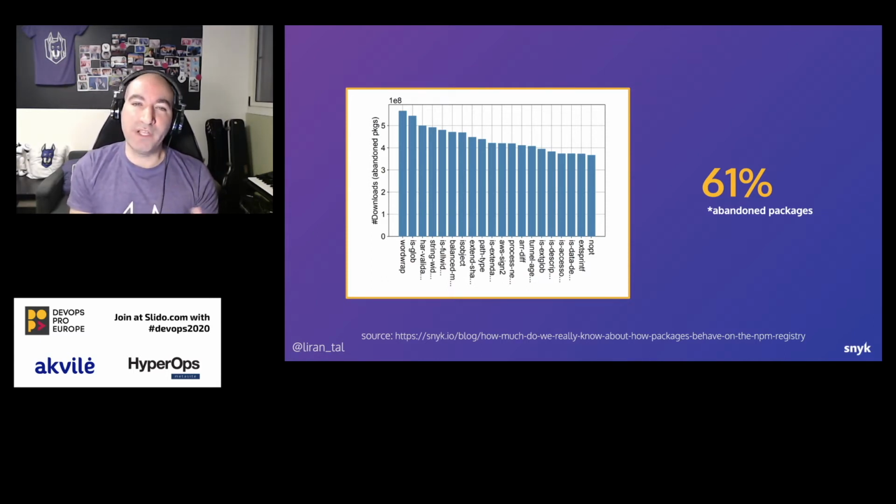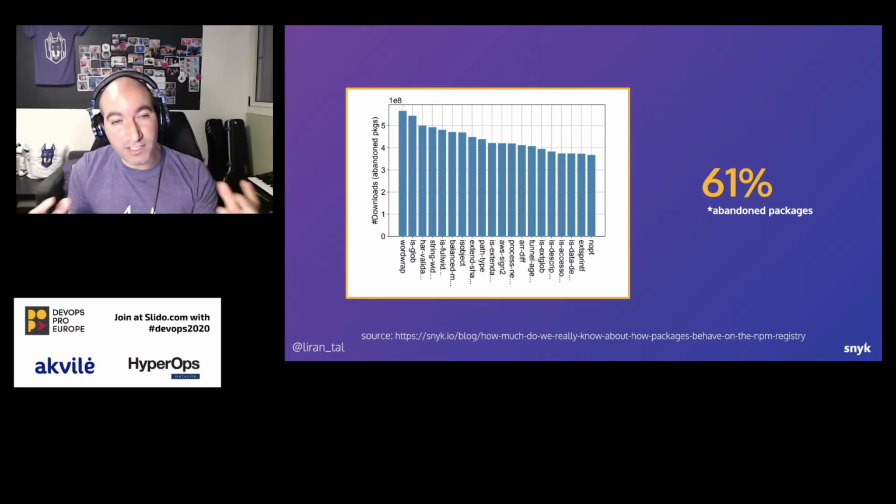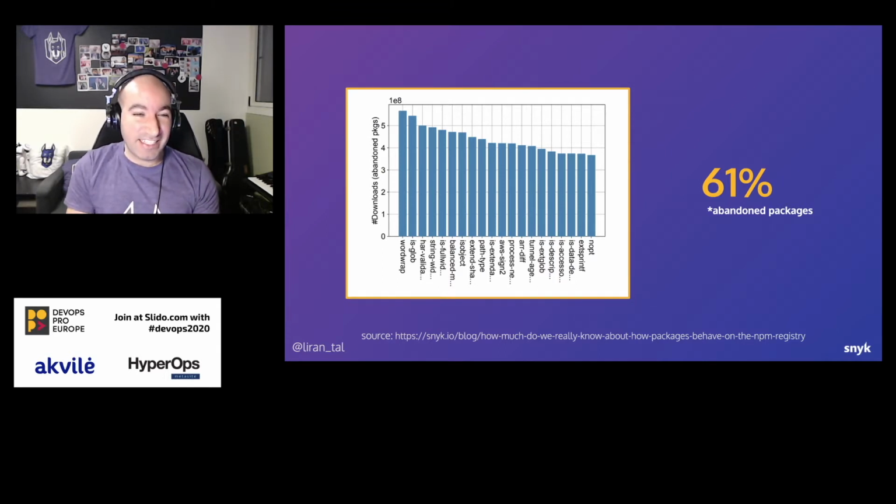We're talking about more than a million packages there, and anything that comes close is in the numbers of a few hundred thousand. So nothing comes close. It's a pretty big ecosystem, and still, out of these more than a million, probably about 1.3 million packages, 61% of them have been defined by this paper as abandoned packages.